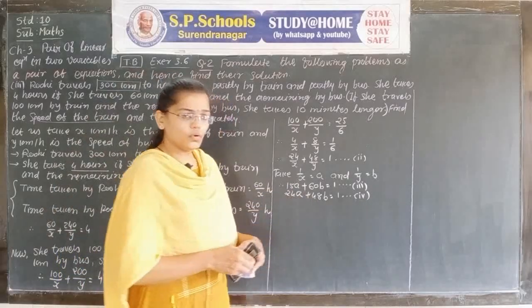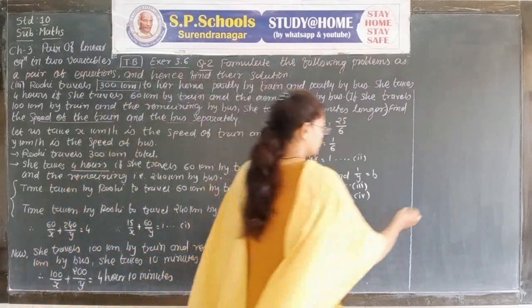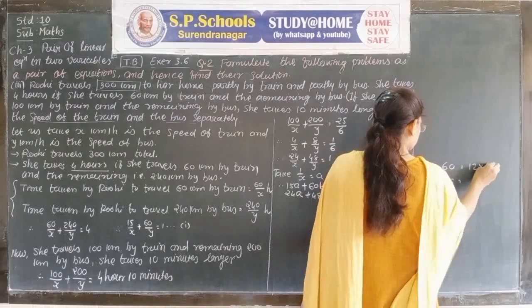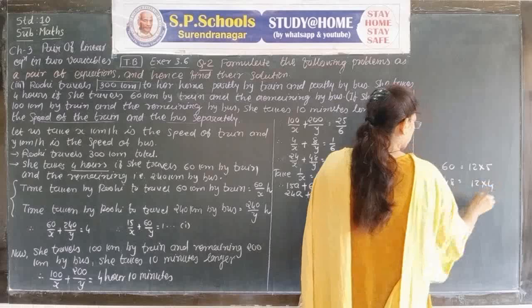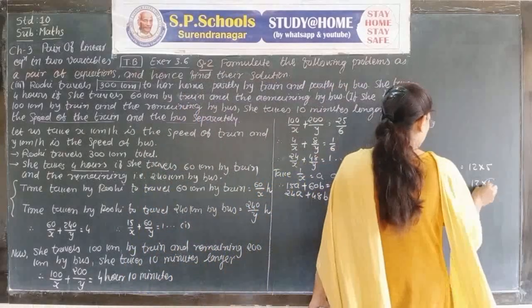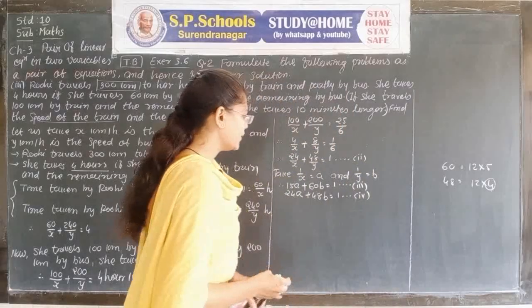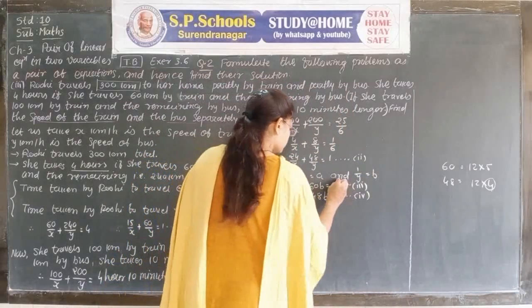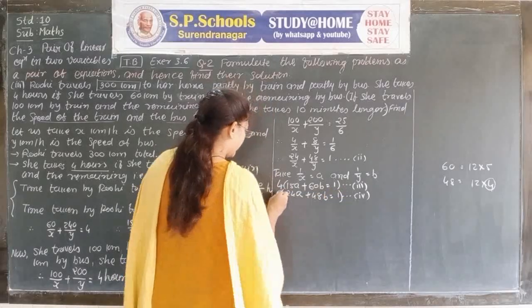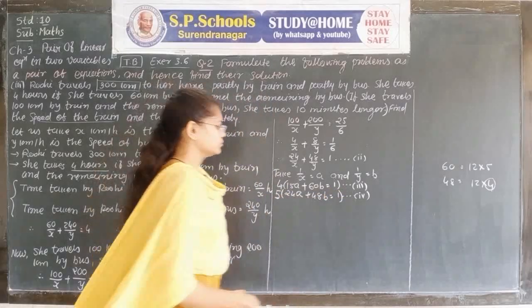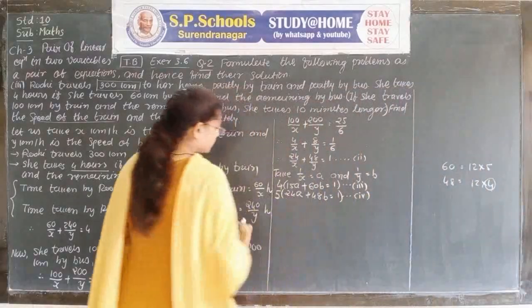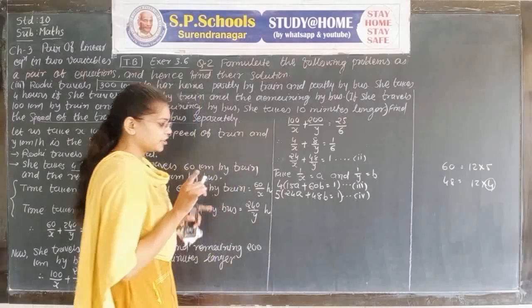60 and 48 both come in the table of 12. Means what? 12 5s are 60 and 12 4s are 48. So we multiply equation third by 4 and equation fourth by 5, because 12 is a common factor between both.